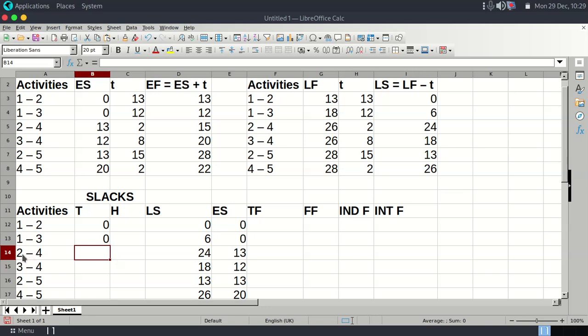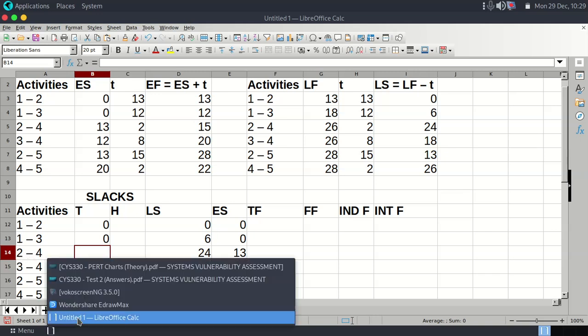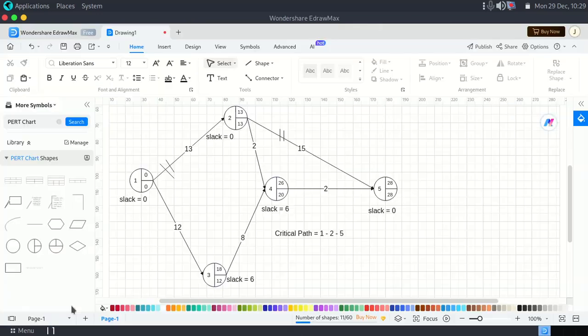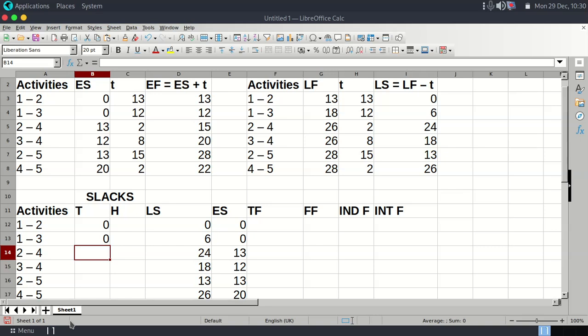Now we go to 2. On 2 we can see that the slack for node 2 again is 0. So there we just put a 0. Then we can see 2 here again, so we put a 0 in advance. Now we go to node 3.